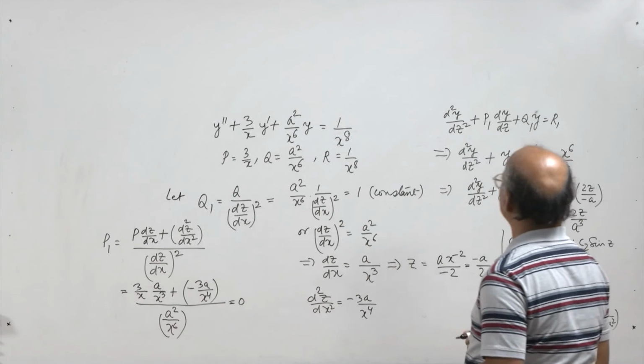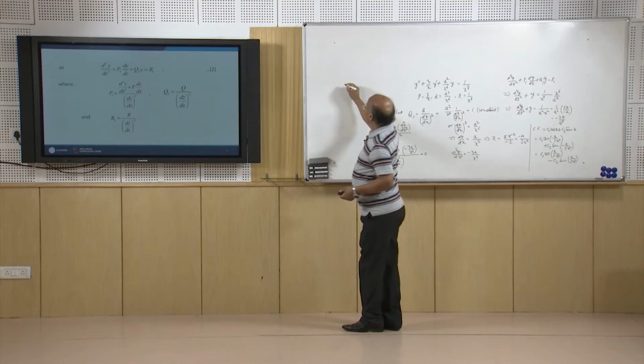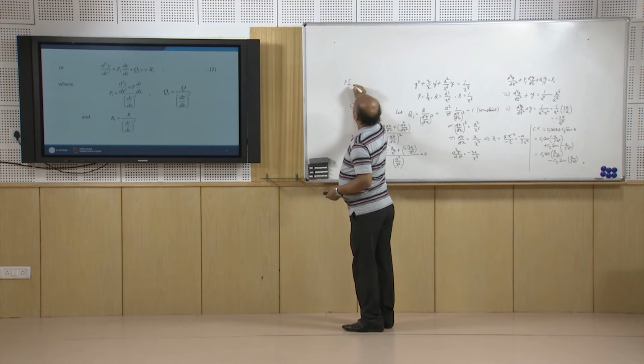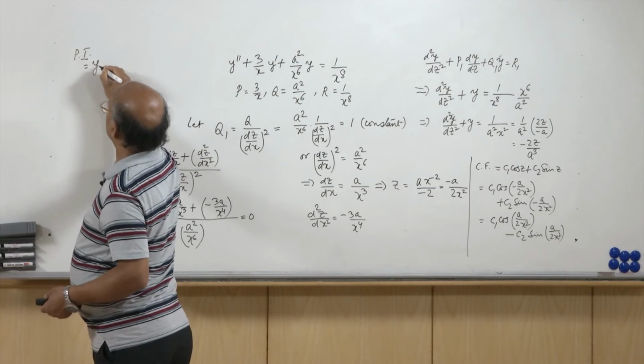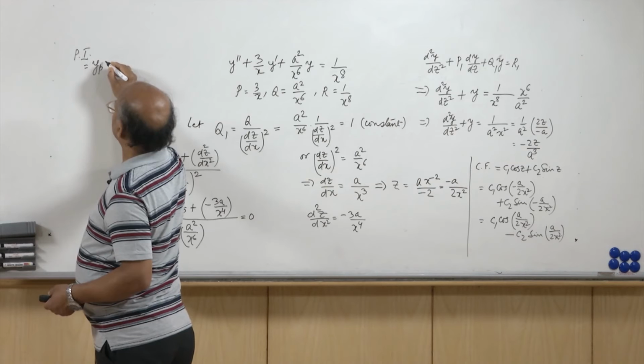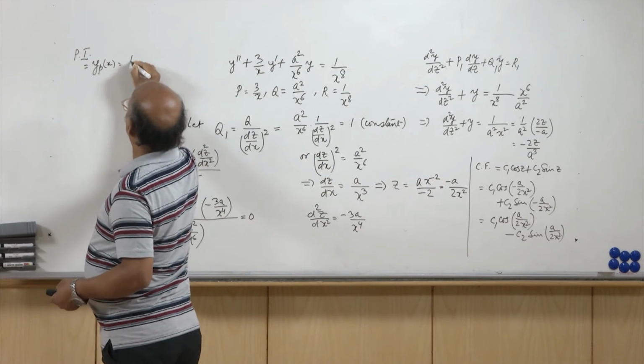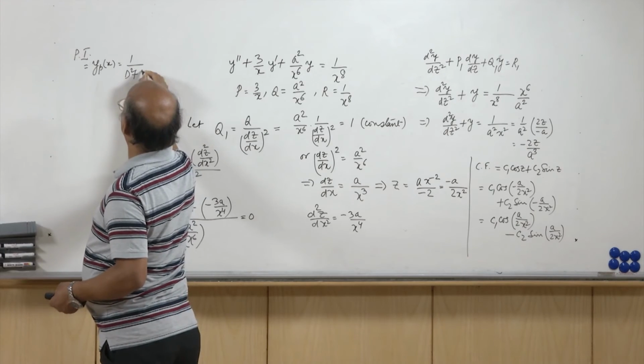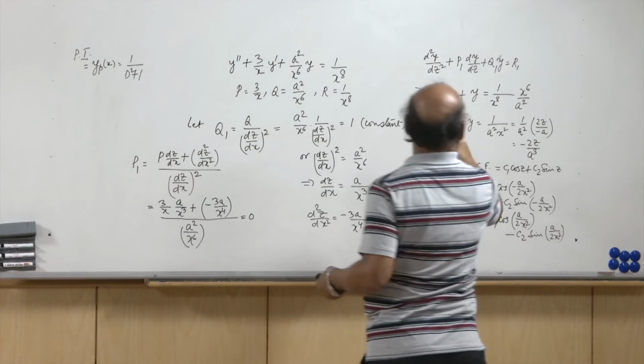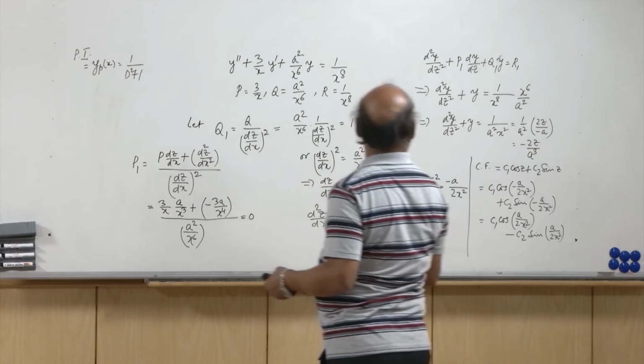Okay. Now let us find a particular integral. Let us find PI. PI will be 1 over d square plus 1 acting on minus 2z by a cube.